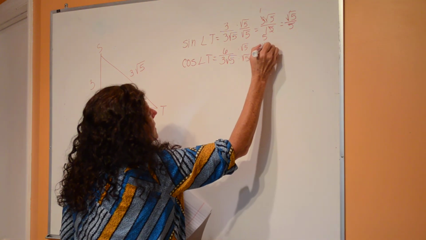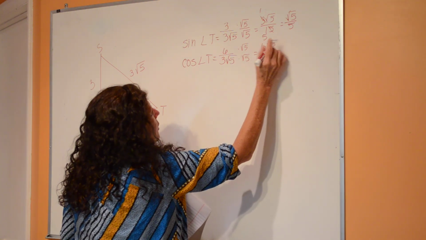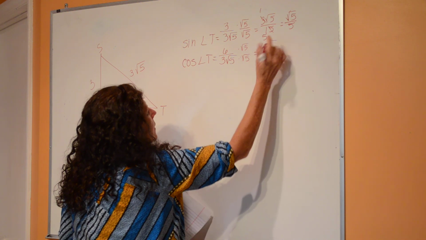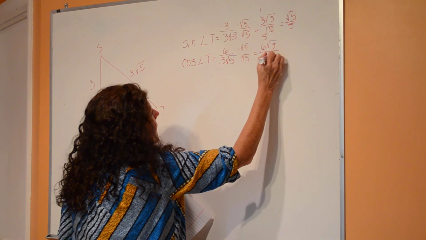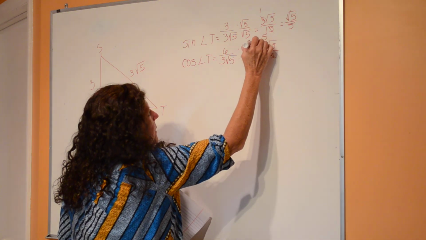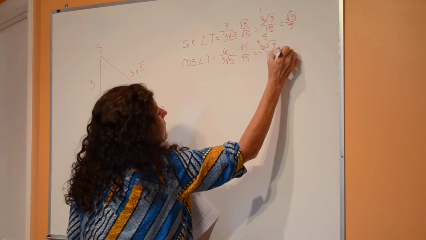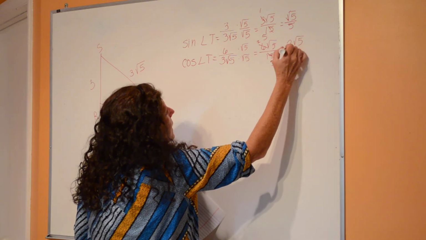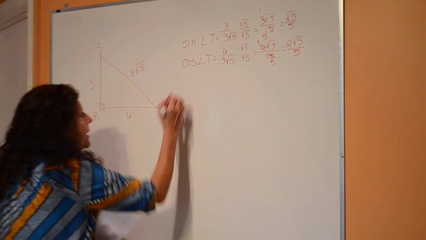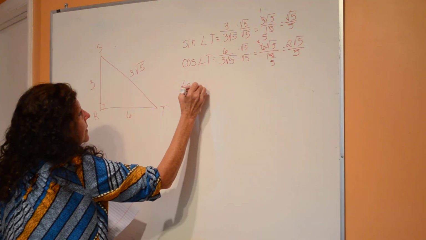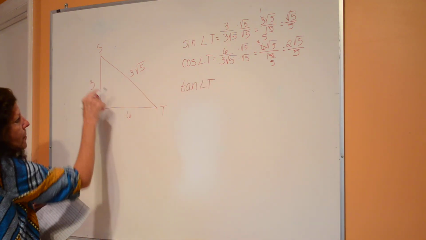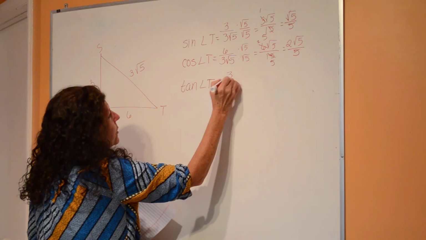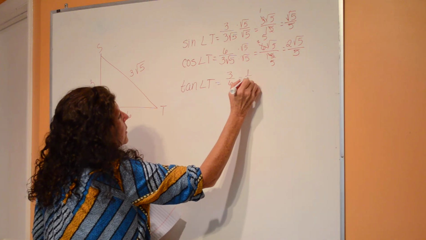So it gives me 6 on the square root of 5 over 15. I'm going to divide the top and the bottom by 3, so I have 2 on the square root of 5 over 5. Then your tangent of angle T is opposite over adjacent, or 3 over 6, which is 1 over 2.